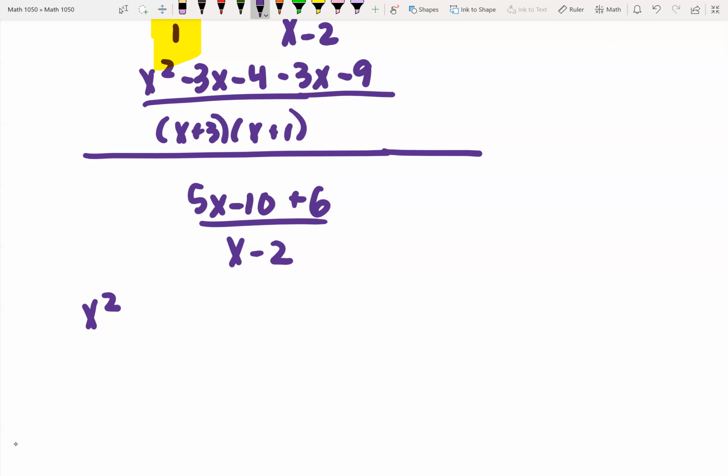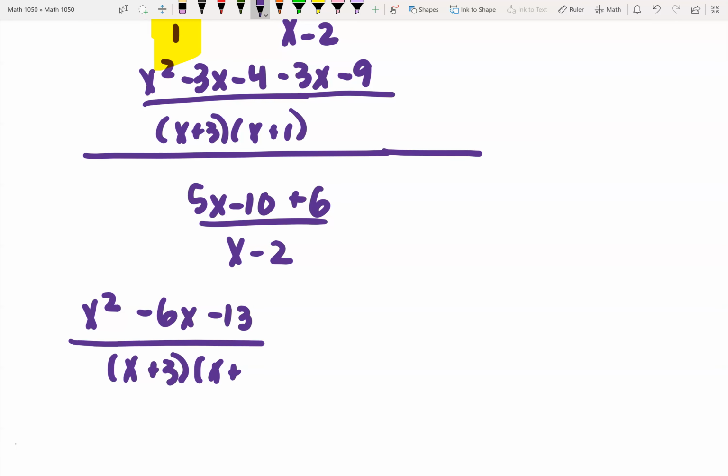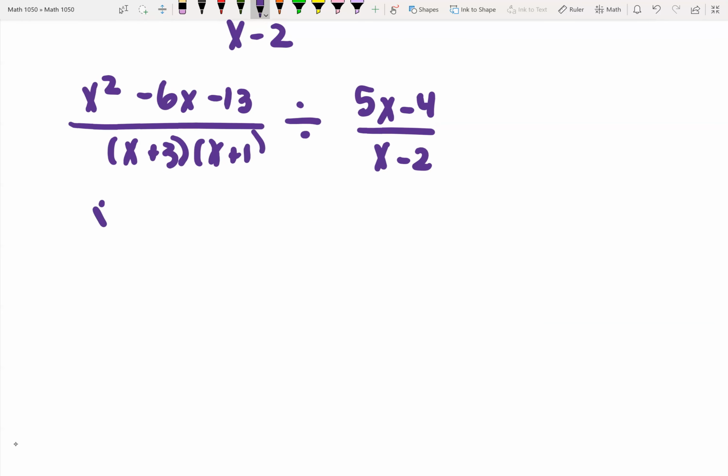A negative 3x and a negative 3x is a negative 6x. A negative 4 and a negative 9 is a negative 13. That's all over x plus 3 times x plus 1. You guys, the guy on the top right there does not factor. If it did factor, I would, just to make sure nothing canceled, but it doesn't. This is going to be divided by 5x minus 4 over x minus 2. Now I'm going to flip it upside down.